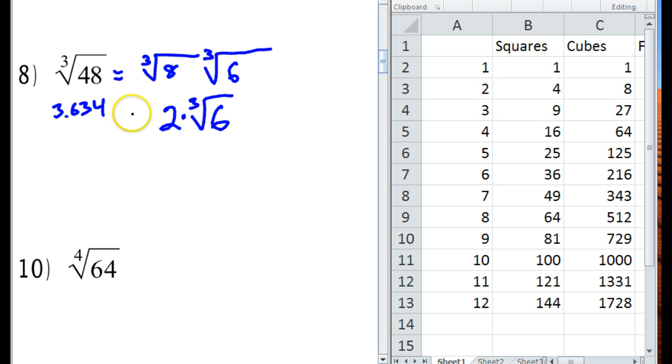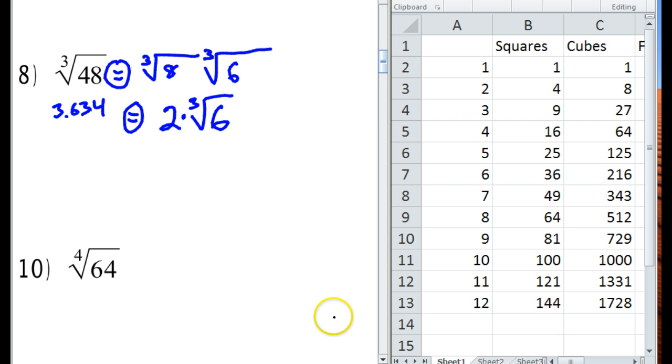Do you get the same thing? Alright, so that's what you call a check. So if you're not sure you did it right, then you can always check at least the numbers. Whether it has numbers and variables or number by itself, you can always check the numbers part. Cube root of 48, remember these are equal to each other, right? So it should be the same exact decimal, one's just reduced form.